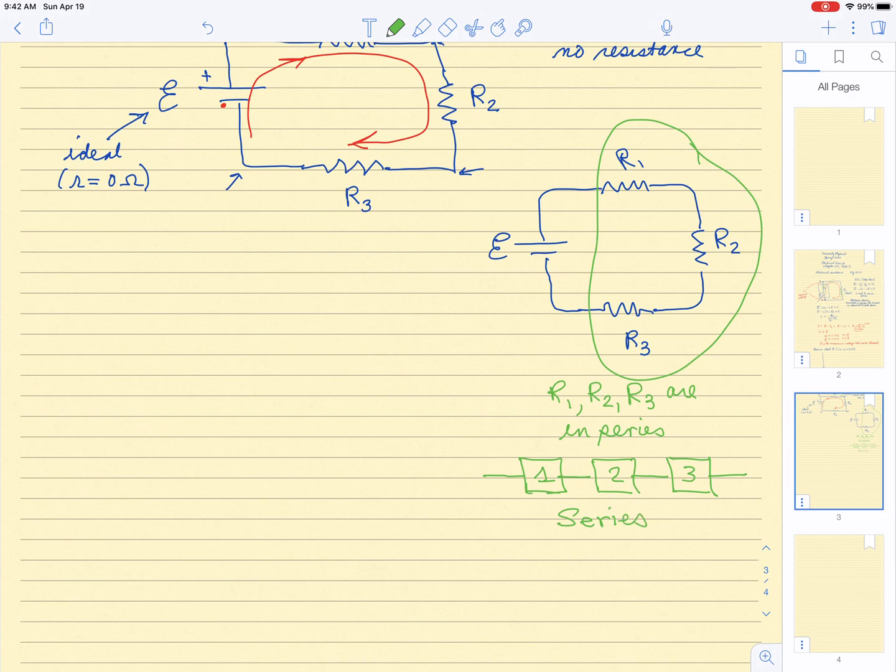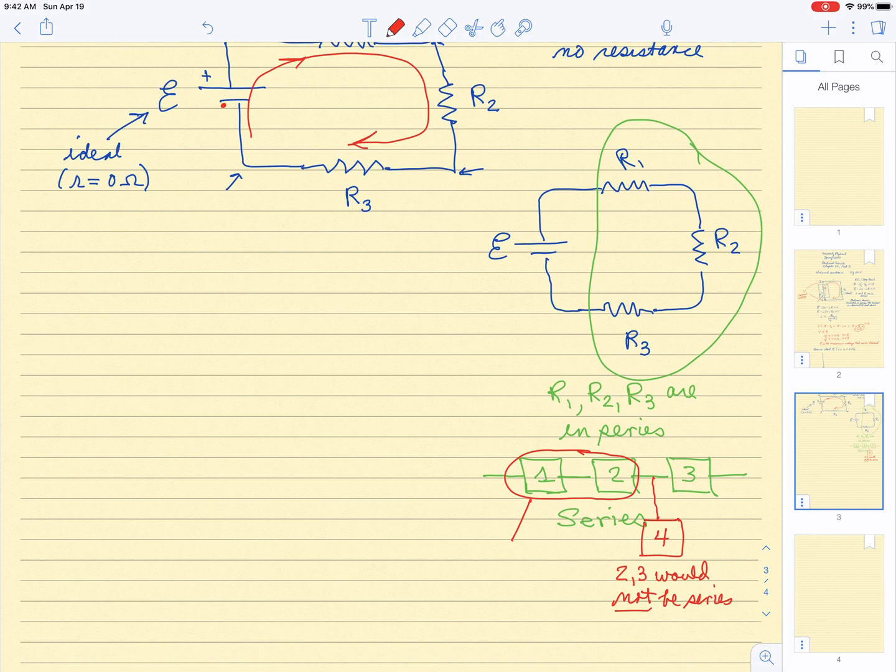And there must not be any intervening electronic devices. So, for instance, if we were to hang a device, say here, device 4, then 2 and 3 would not be in series, but device 1 and 2 would be.